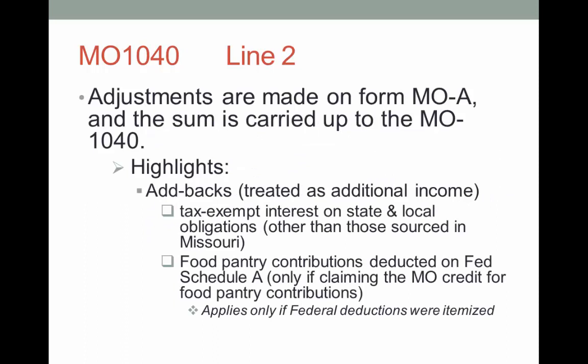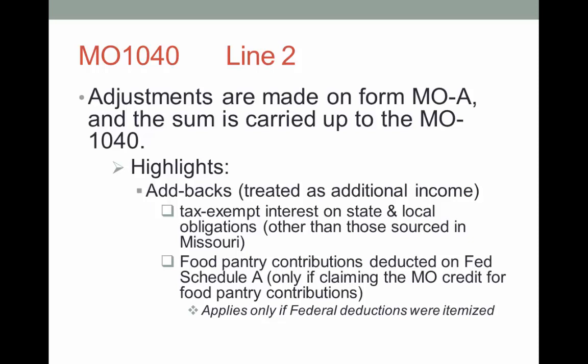There are a few adjustments, however, that do get made to Missouri income. We don't see a lot of these in VITA, but I need to make you aware of what they are, just in case you have somebody who would have these. For Missouri returns, there is something called a Form MO-A, which is kind of like a Schedule A on the federal Form 1040.